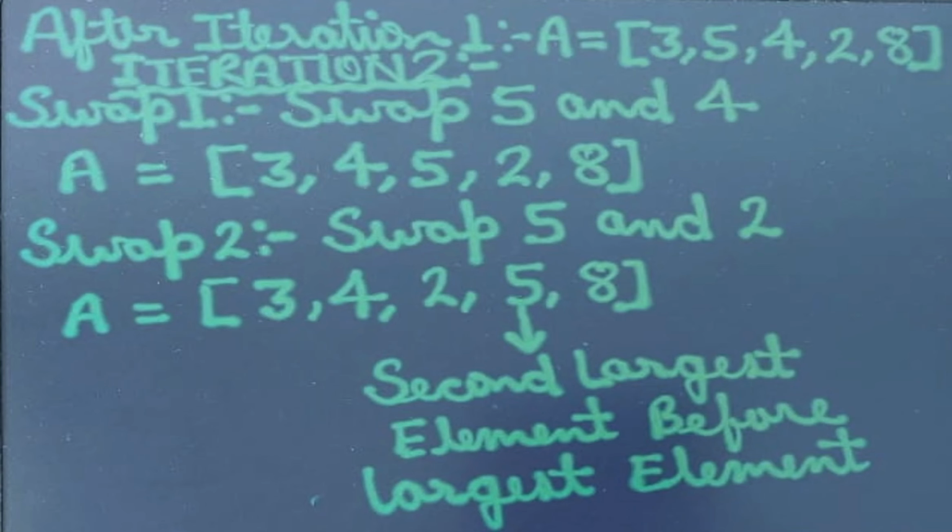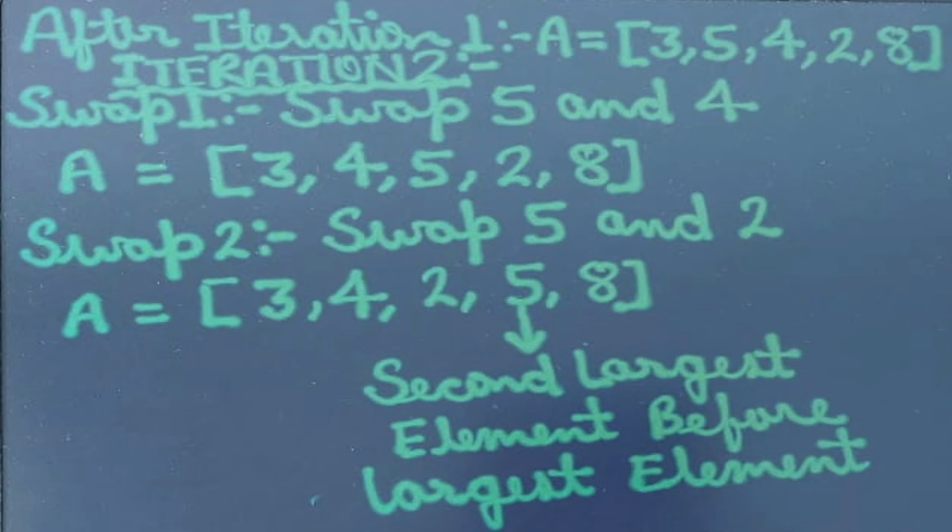In iteration 2, loop continues to iterate through the unsorted element, moving the second largest element to its correct position before the largest element. So after iteration 1, our array is A equal to 3, 5, 4, 2, 8. So again, we will start swapping at the beginning of the list.